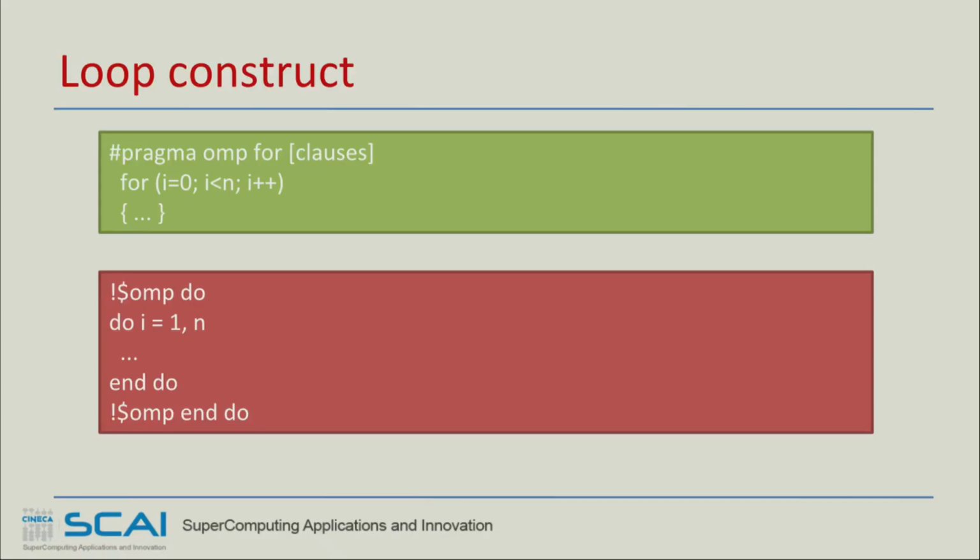It's important to remember that all the loop constructs should be inside the parallel region. So I assume that before this pragma, there is another pragma OMP parallel. So you cannot put this construct outside the parallel region because it doesn't work.